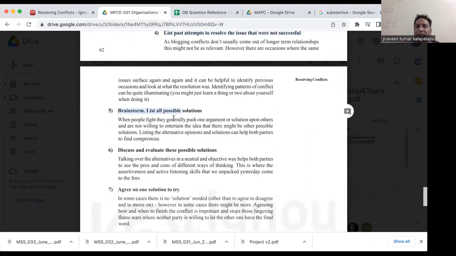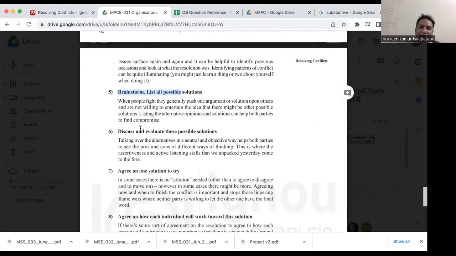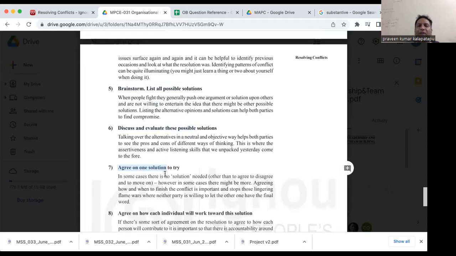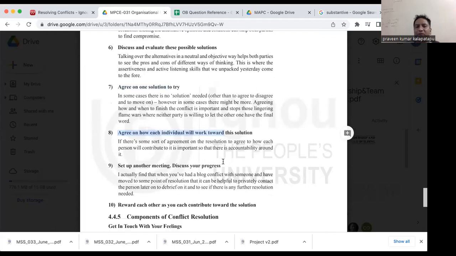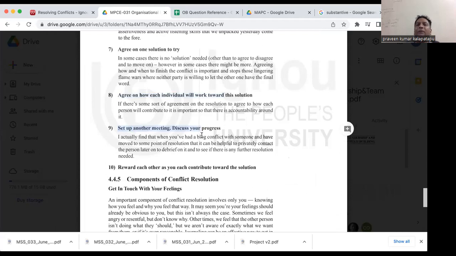Then brainstorm. Failed is failed, so what new can you do? List all the possibilities. From the possible solutions, you come to a consensus, evaluate them, and agree on one solution. You agree on what you and the other individual could do to get to that solution, and then follow up and see the progress.